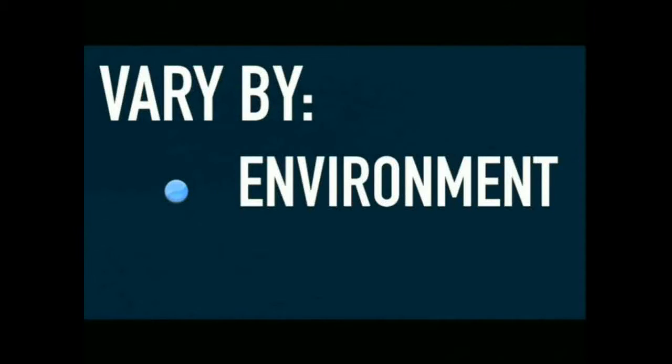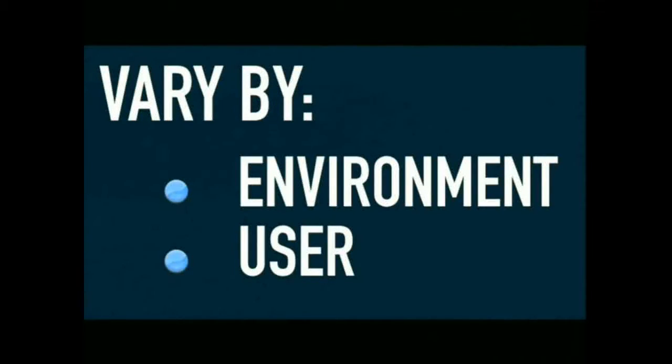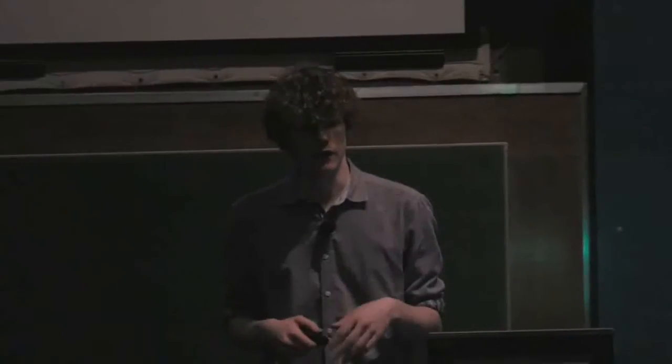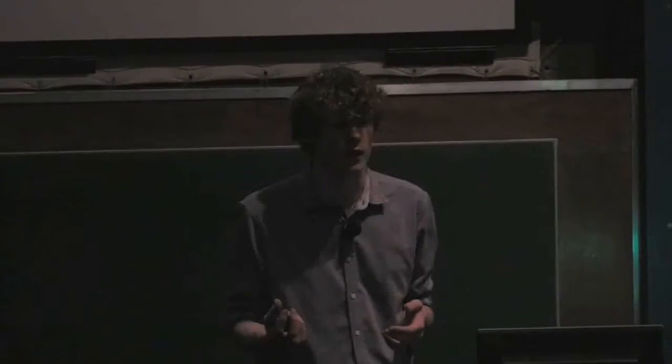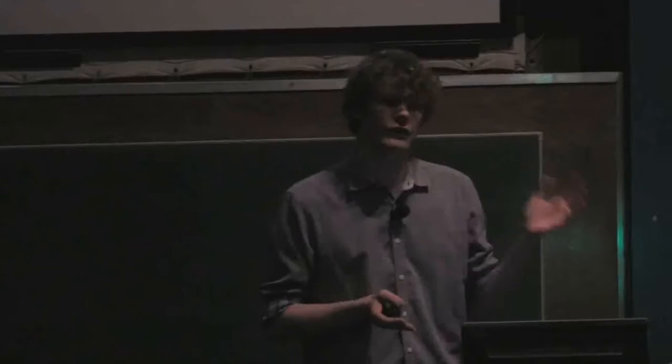It allows you to vary by two different things. You can vary your features by both your environment and your user. So you could have a feature enabled in staging or in your personal development and not in production, which is exactly what we do with branches, right? We have code that only exists on our development branch in our checked out version that's not in production.